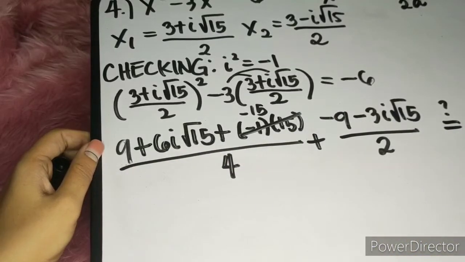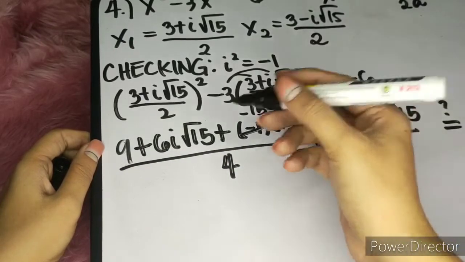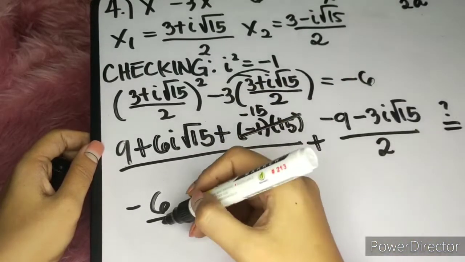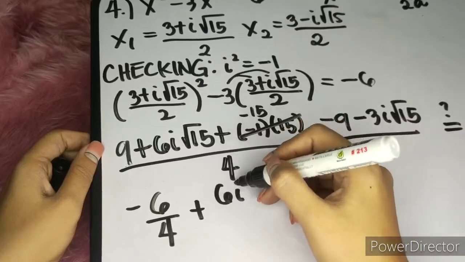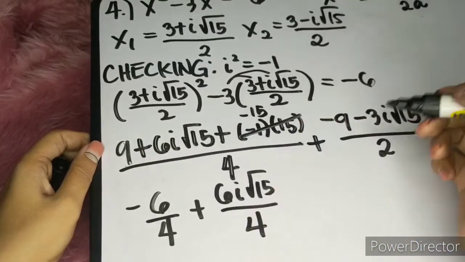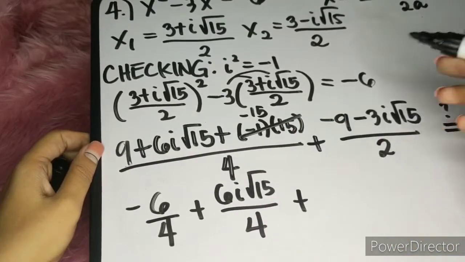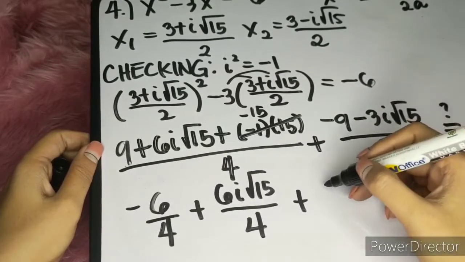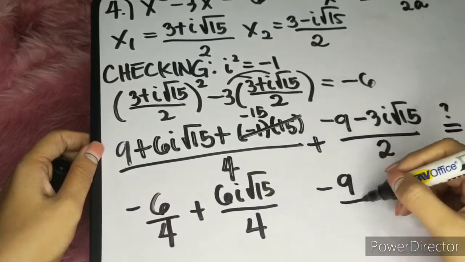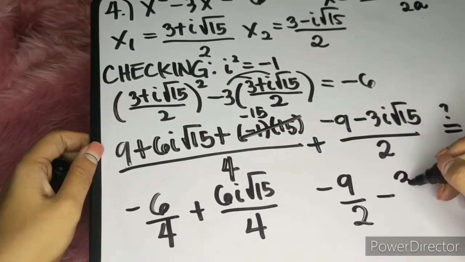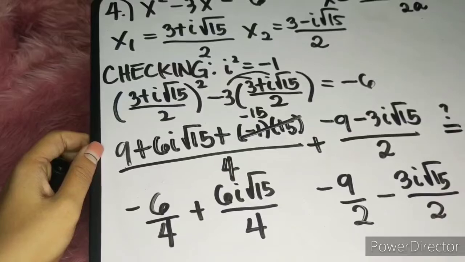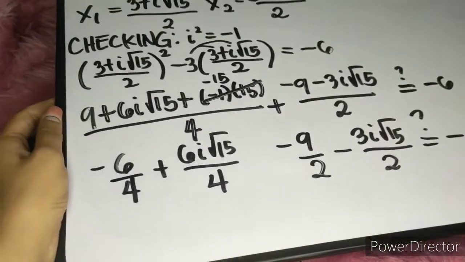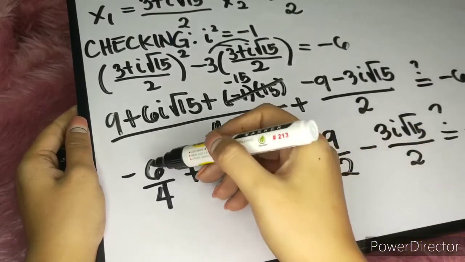So, 9 plus negative 15 is negative 6 over 4, plus 6i square root of 15 over 4, plus, wala namang pwedeng i-lowest term, so gawin na lang natin minus 9 over 2 at minus 3i square root of 15 over 2. So lowest term, and let's see if mag-equal siya sa negative 6. Okay? So lowest term muna natin to.